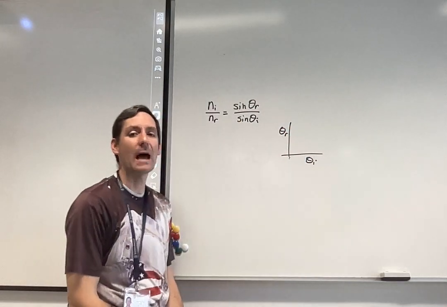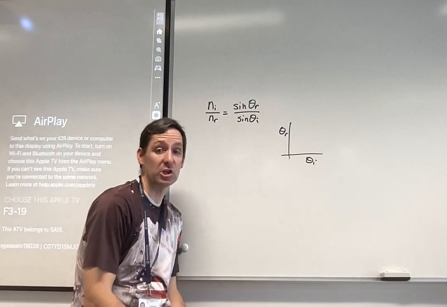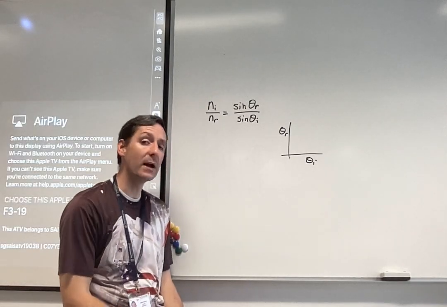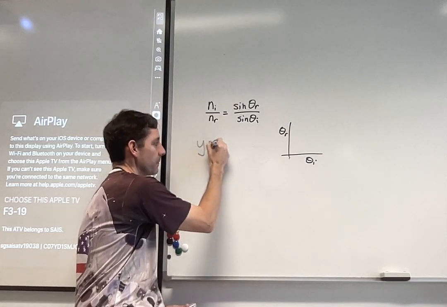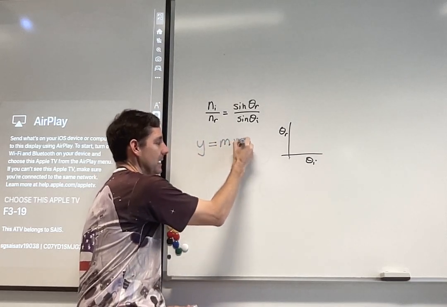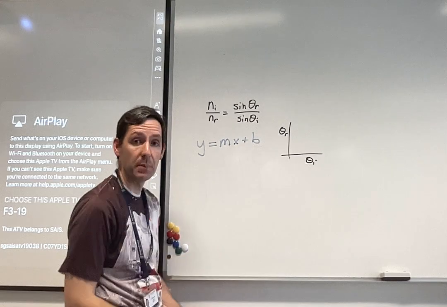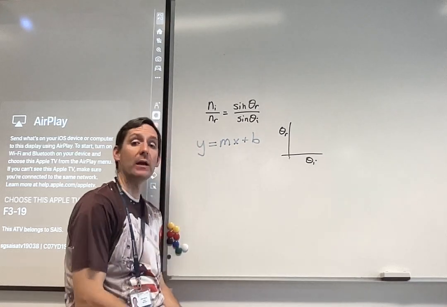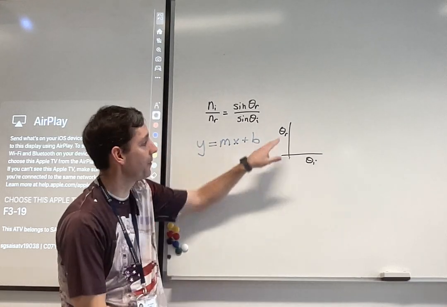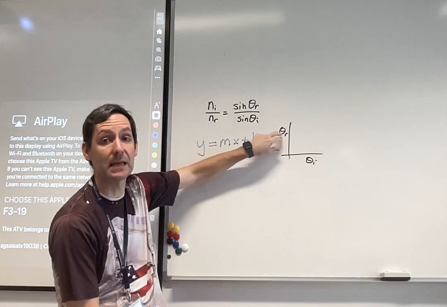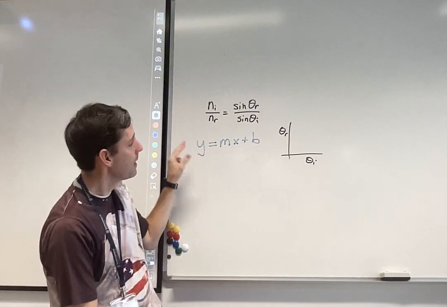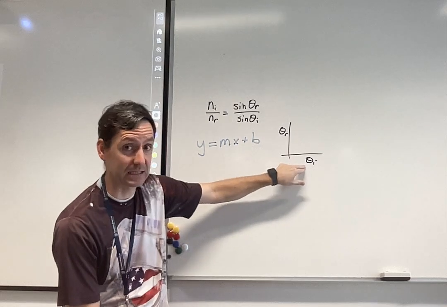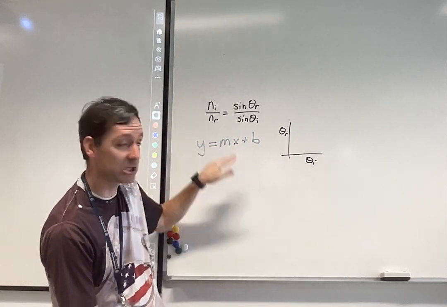Now, what does that mean in terms of the linearization? Well, remember the whole point of linearization is that we want it to look like this: y equals mx plus b, just like that. In order to do that, the variable that is on the y-axis needs to be here by the y, and the thing on the x-axis needs to be here in the position of the x.